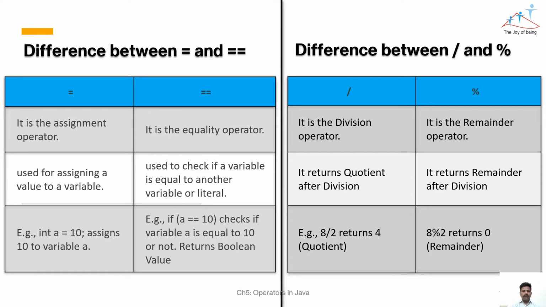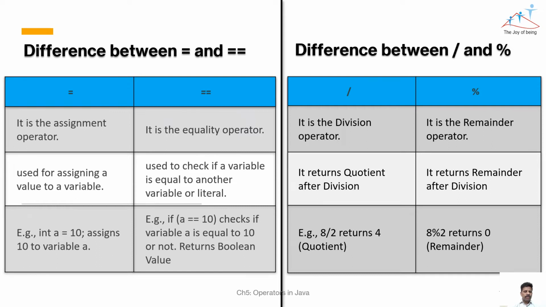Children, I hope all of you know the difference between the simple assignment operator and the equality operator, a relational operator, and the difference between the slash, the division operator, and the modulus or remainder operator. Here we have three differences. One is an assignment operator, and the other is an equality operator.